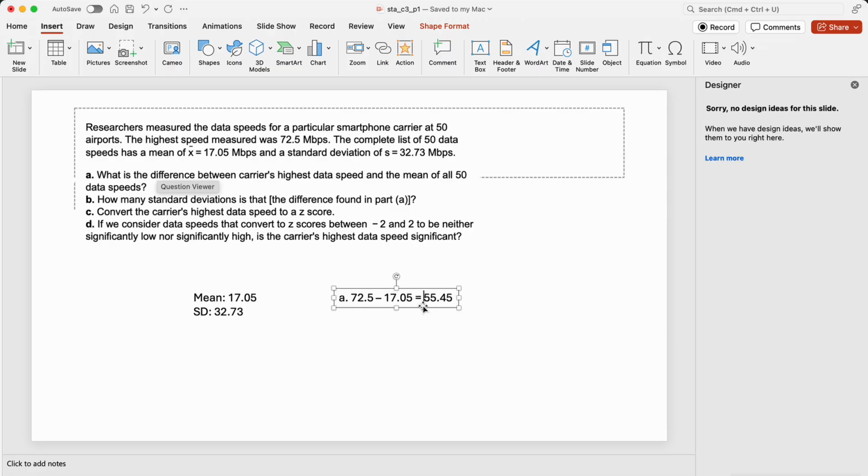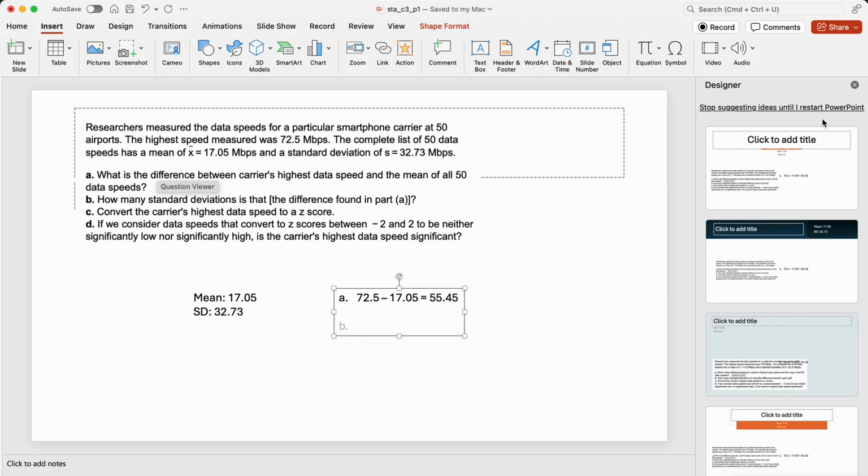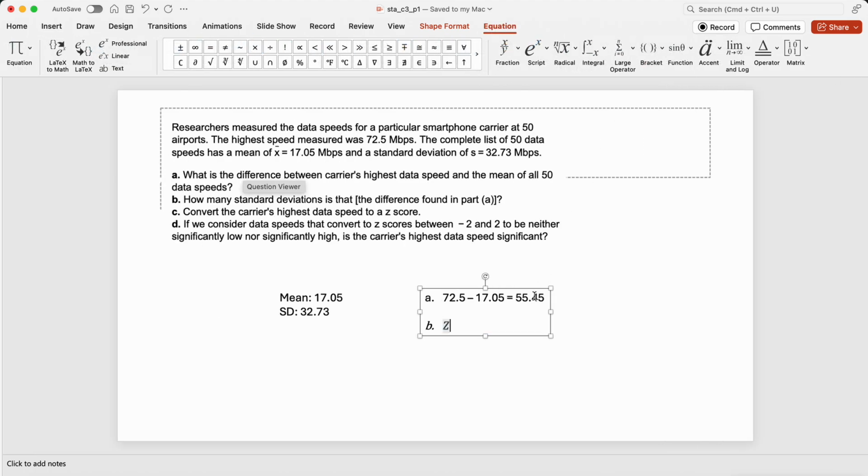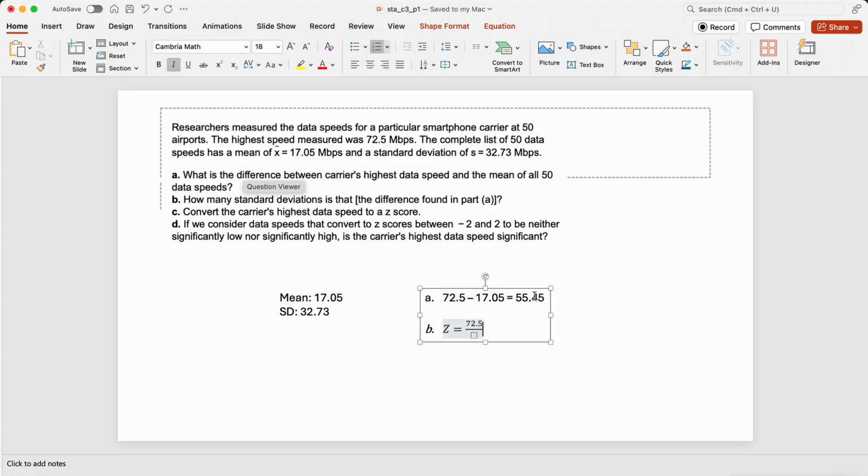All right, and doing that, I got 55.45. From part B, then it says, how many standard deviations is that, being the result from part A. Now, in other words, again, just to point out here, all they did was they just broke down a z-score. They first took your 72.5, they then compared it against the average, 17.05, and they just wanted you to work out that numerator first, so to speak, if you can see that.